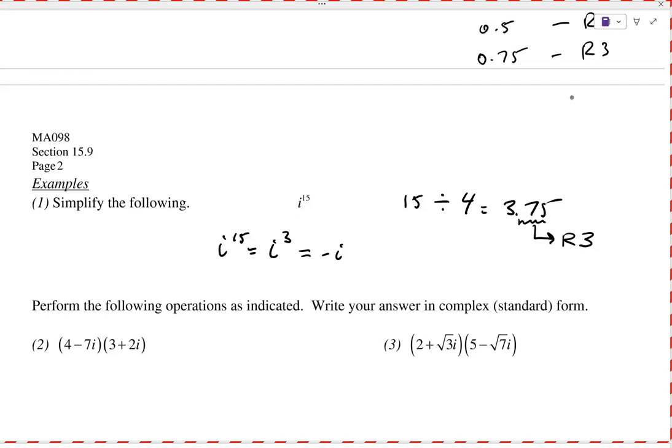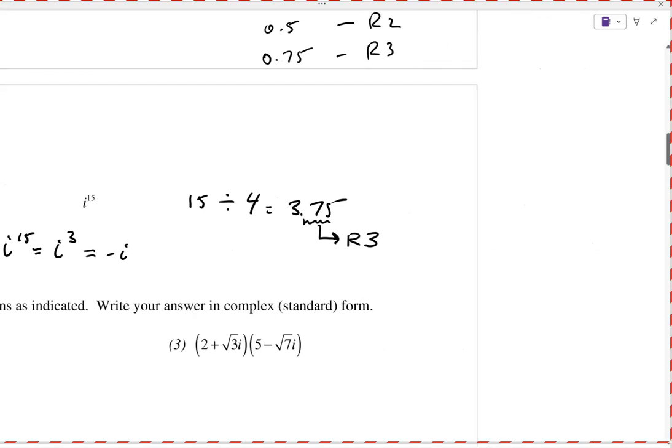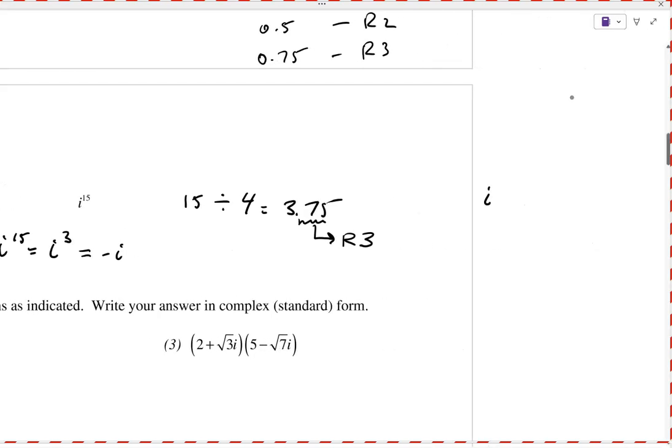Okay. You want to do one more like that? I'm going to go more on the other worksheet, but we can do one more like that. Let's do a bigger one. Let's say I ask you for i to the 577th power. Again, use your calculator. First thing you do is what? Divide by 4.